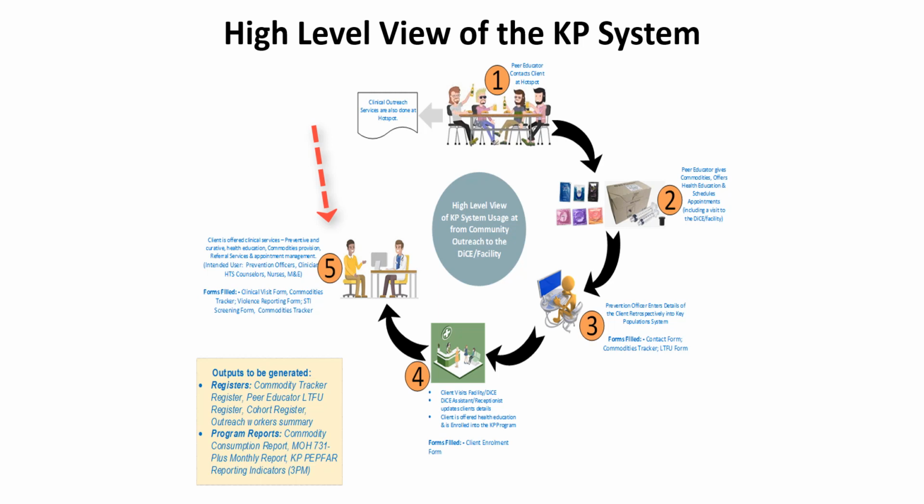This includes preventive, curative, health education, commodity provision, referral services, and appointment management. The forms completed at this point by either the clinician, prevention officers, HTS counselor, nurses, or M&E officers include clinical visit form, commodity tracker, violence reporting form, STI screening form. So basically, that is a complete cycle of KP management.